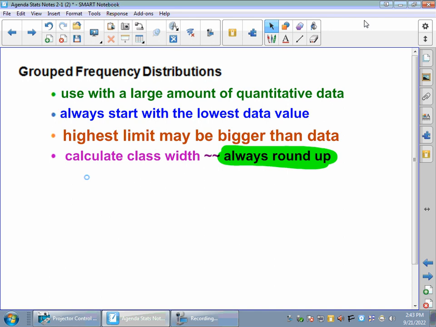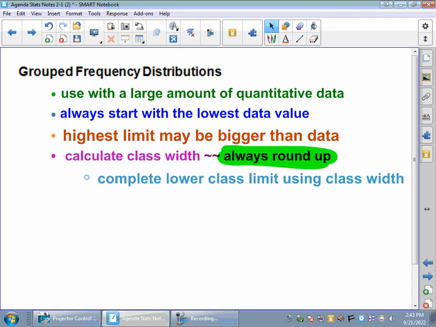And last but not least, we're going to complete our lower class limits using the class width. I'm going to just jot down, we're going to go down the left column. This is probably a lot of information and you're not quite sure where it fits yet, but keep up with me and it will all kind of fall into place.